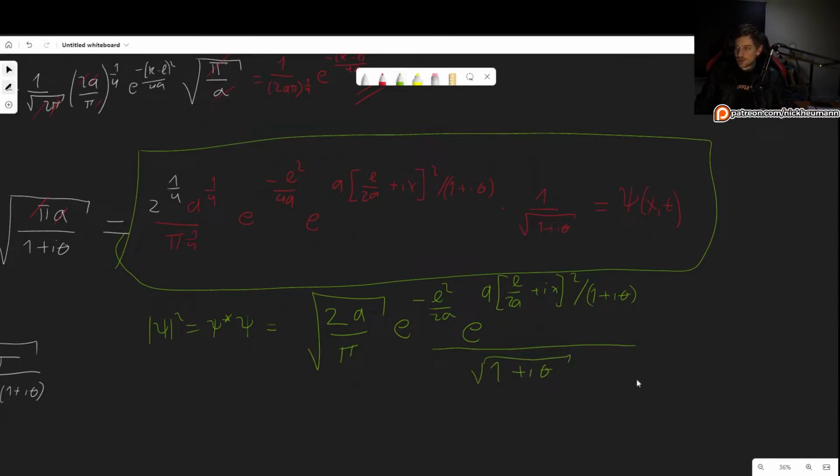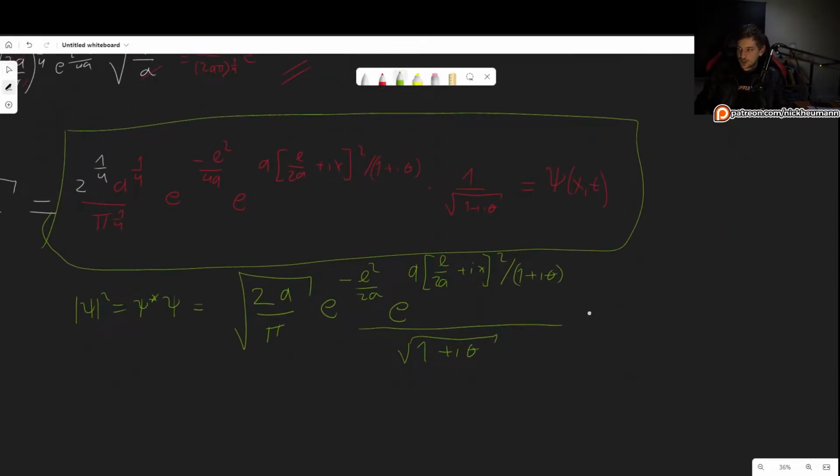But now we have to multiply by the conjugate parts, right? So we get e to the a times L over 2a minus ix squared divided by 1 minus i theta, divided by the square root of 1 minus i theta.